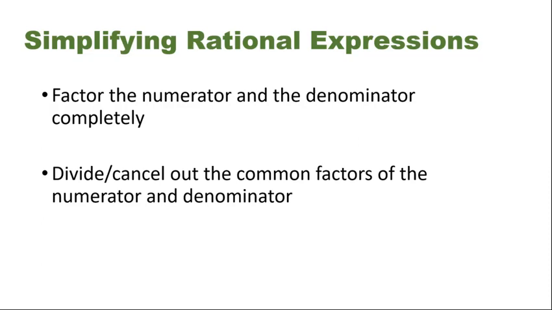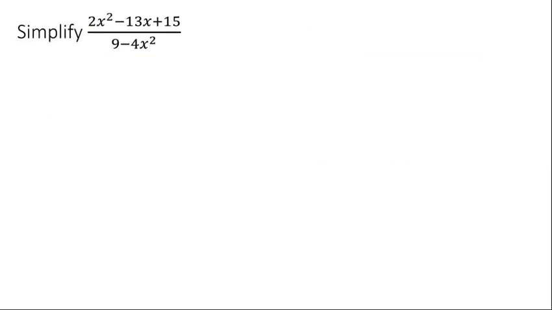So again, dalawa yung ating need na gawin in simplifying rational expressions. First, i-factor muna completely ang expressions na nasa numerator and denominator. Pangalawa, i-cancel out yung mga common factors na makikita sa numerator and denominator. So we have here example number 1.